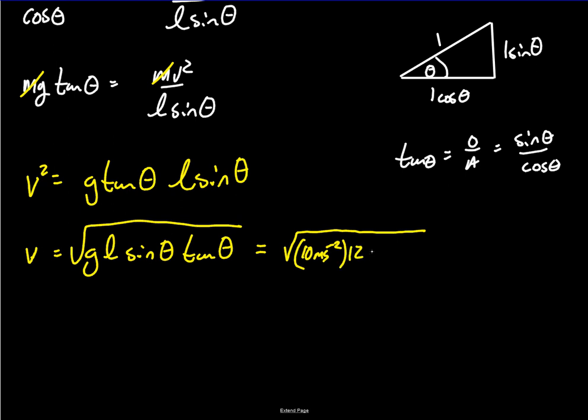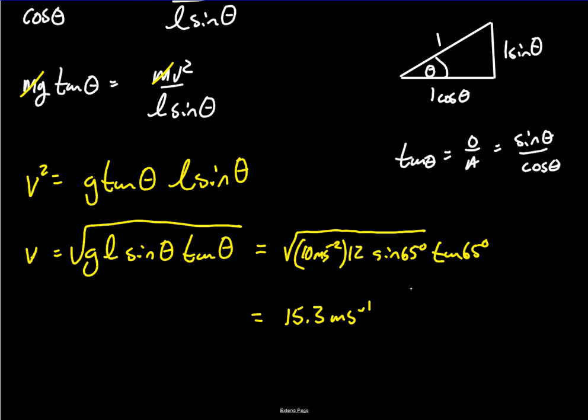L was 12. Then sine 65 times tan 65. I believe you should get around 15, so somewhere around 15.3 meters per second.